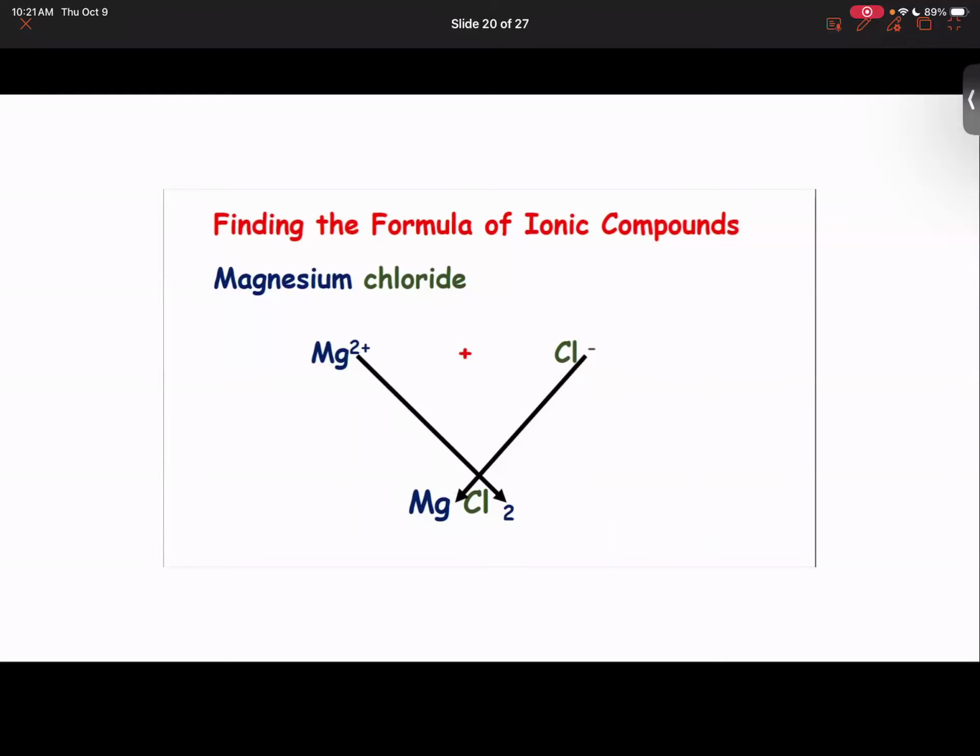A lot of students, well, even we have been doing this cross, drop and simplify. And a lot of students want to just backtrack that cross drop. You can't backtrack the cross drop because of the word simplify. Ionic compounds are always in the simplest whole number ratio possible. So you can't simply backtrack your cross drop because you may have had to simplify it.